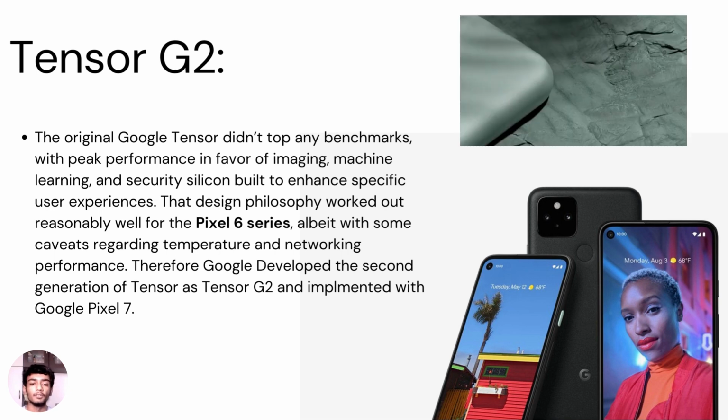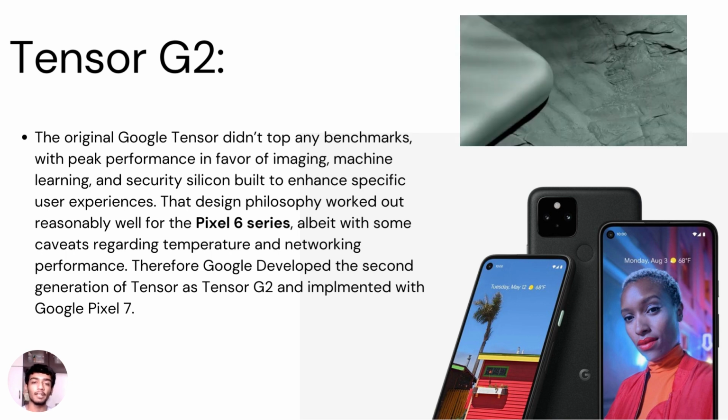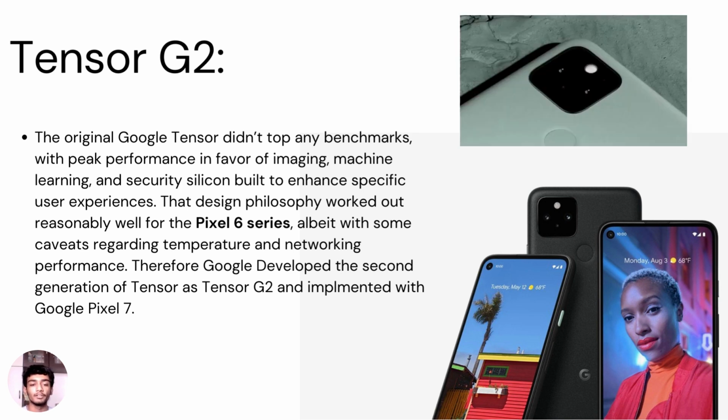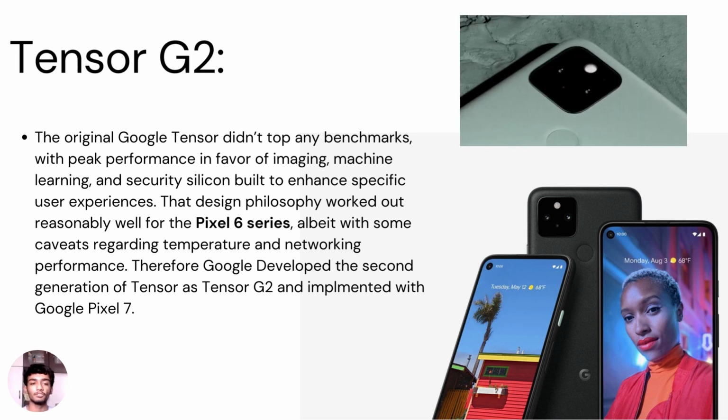That design philosophically worked out reasonably well for the Pixel 6 series, albeit with some caveats regarding temperature and networking performance. Therefore, Google developed the second generation of Tensor as Tensor G2, and implemented it with Google Pixel 7. So Google Pixel 6 was using the Google Tensor chip G1, and the Pixel 7 uses the second generation, Tensor G2.